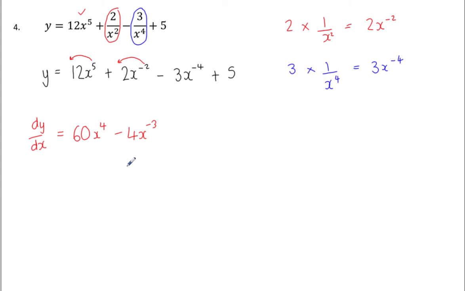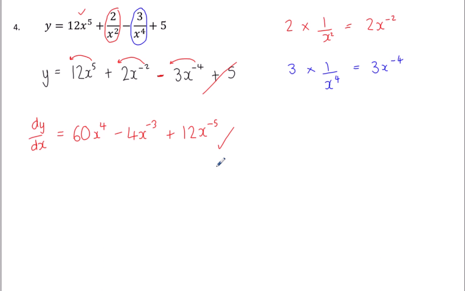So minus 4x to the power of minus 3. The minus 4 comes down and multiplies. Now we're already minus here, so when the minus comes down and multiplies, we're going to go plus. So plus 12, x, drop the power by 1, x to the power of minus 5. And like last time, the plus 5 on the end just disappears when you differentiate. And there you go, there's your final answer.